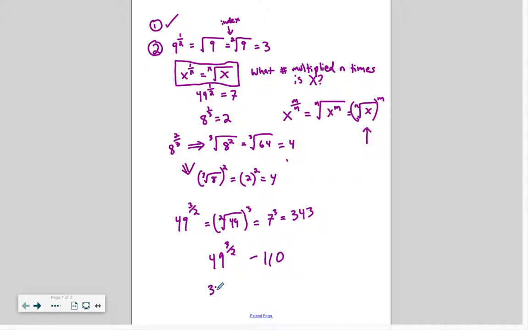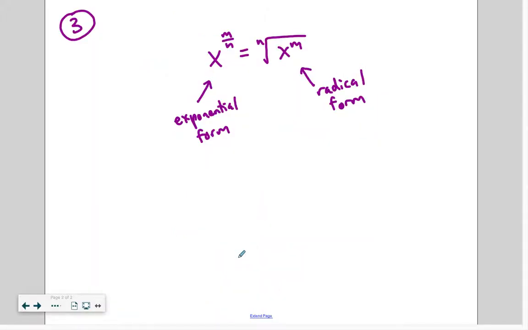So we would do 343, because we know that, minus 110 is equal to 233. So 233 is the value of 49 to the 3 halves minus 110. So if you see those multiple ones, simplify first.